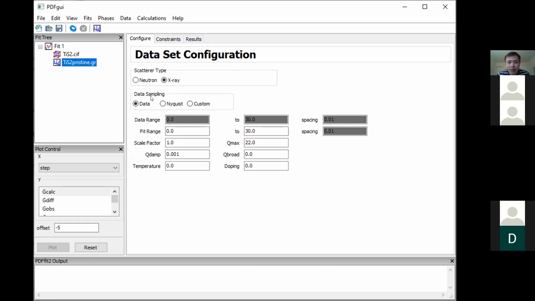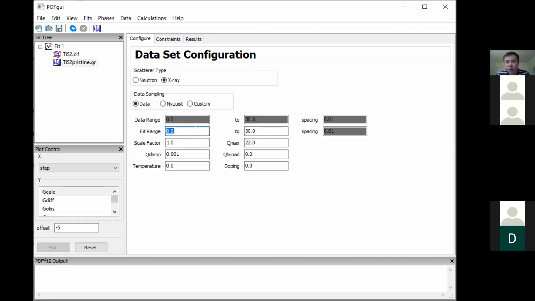That relates to how, when you input data, this software will process your data a little bit, by resampling the frequency of your data sampling. So this is a data range, the data range of the original data, and this is a fit range, which means at what range you want to fit the data, right?